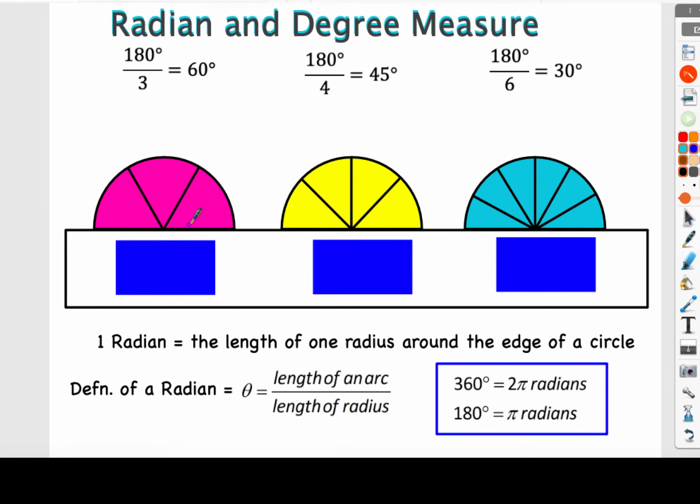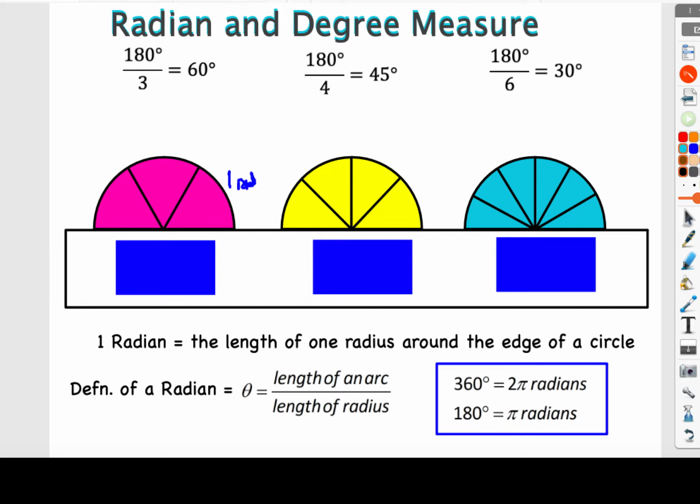So if I could pull a string right along this edge of this circle here, that radius, and I could lay it down right along the edge of that circle, the length of this line, the radius, and the length of this arc right here are exactly the same. That's 1 radian.